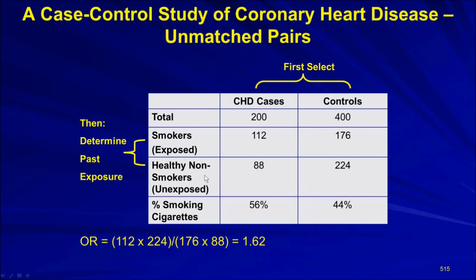Now let me add one other thing that's important that often is overlooked. The exposed group should be those who have the highest exposure, and the unexposed group would have the least exposure. So if we could take people who smoked 3 packs of cigarettes or 60 cigarettes a day and compare those who don't smoke at all, that's what we want to do.